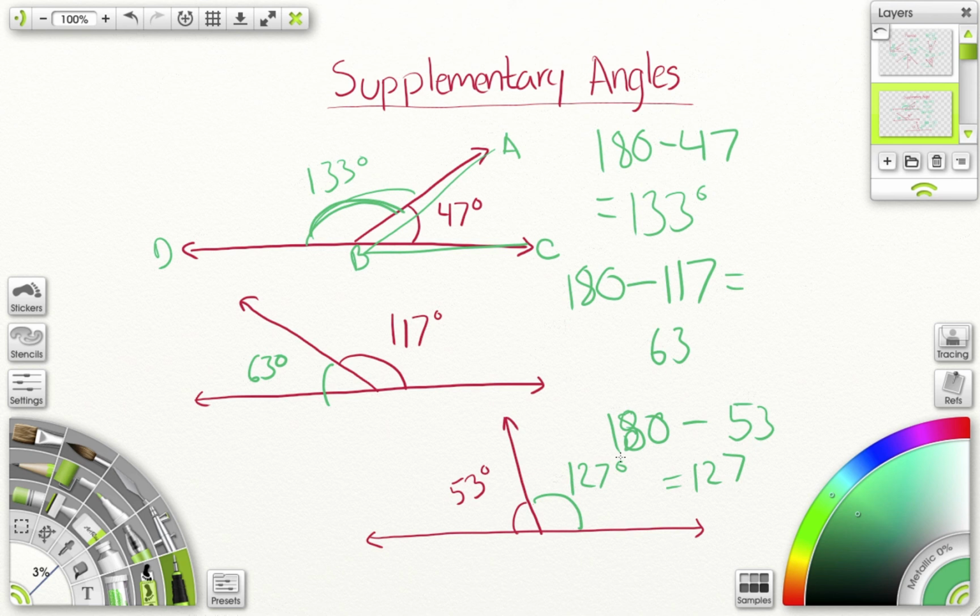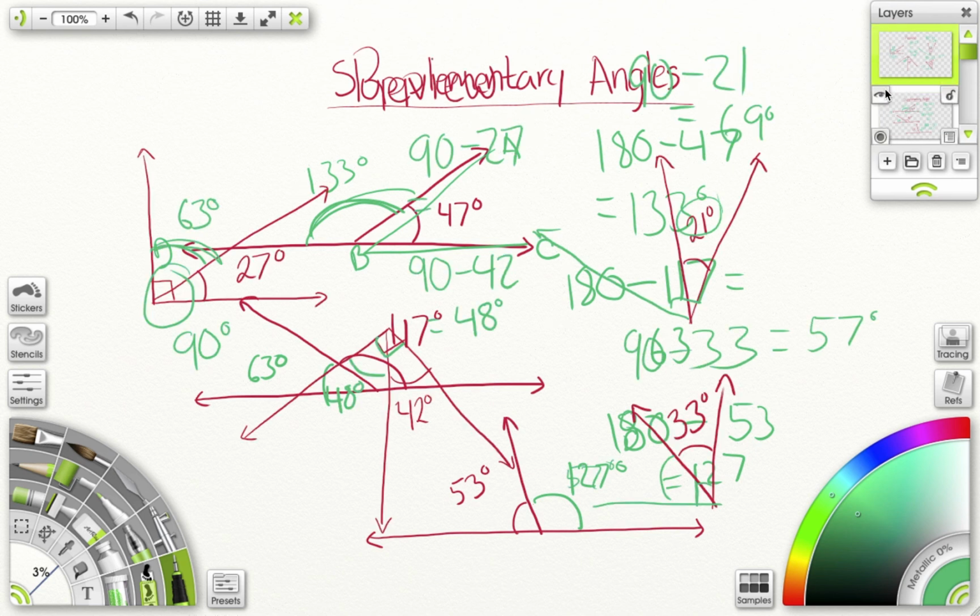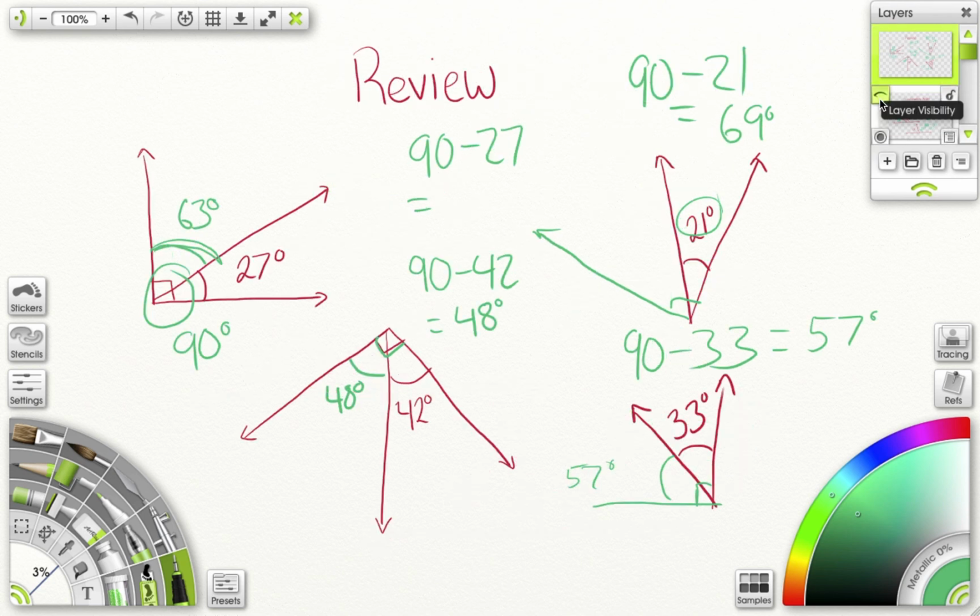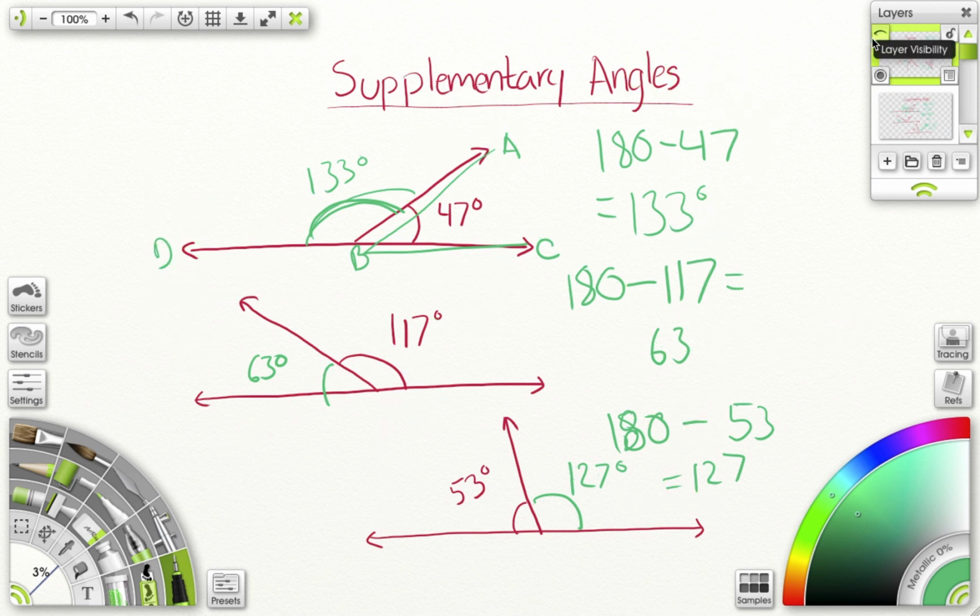You're going to have the complementary angles that look like the letter V. And it's just going to ask you to find the complement to that angle. The next set of questions are going to be the supplementary angles, which have to add up to 180, while the other ones had to add up to 90. And that's all you need to do.